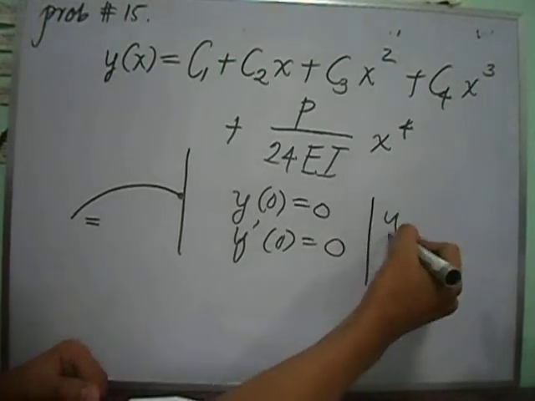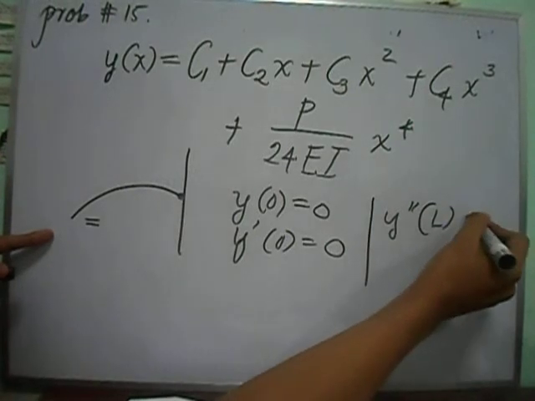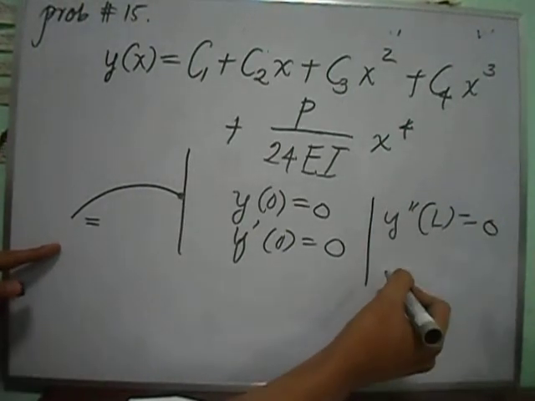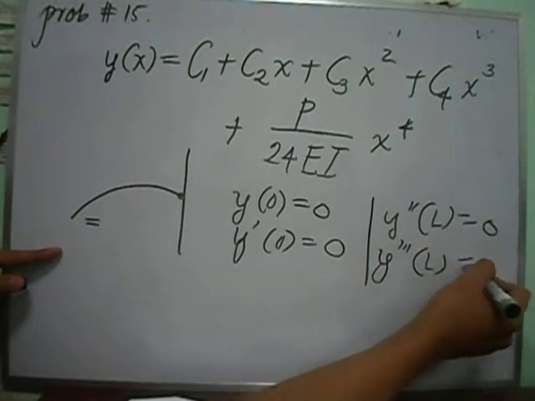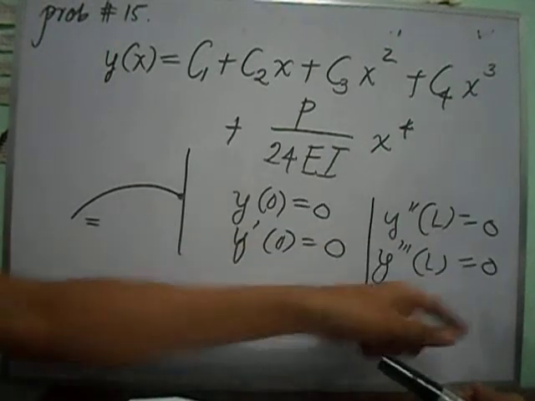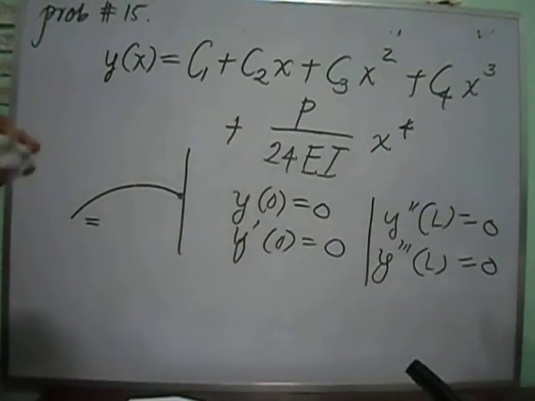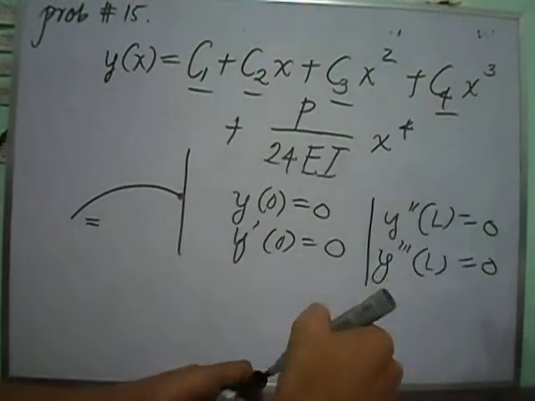Then for the free end, we have y double prime of L equals 0 and y triple prime of L equals 0. Simultaneously solving these equations in four unknowns, we can get the values of c1, c2, c3, and c4.